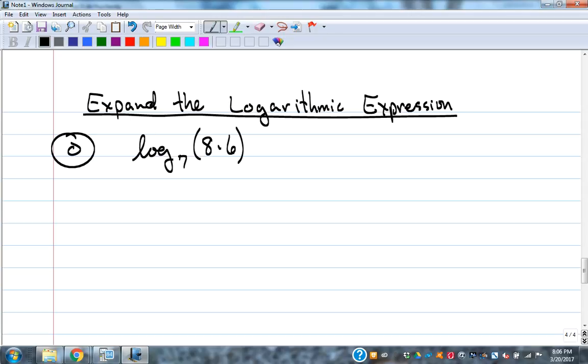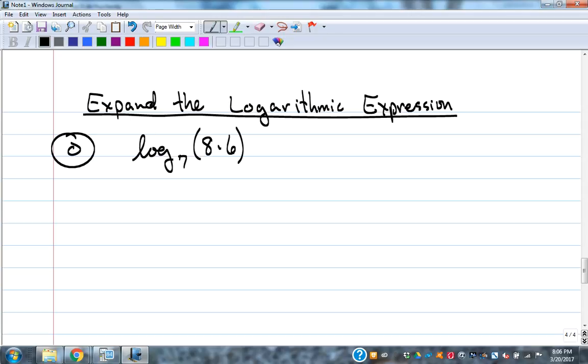What does a multiplication turn into with logs? Addition. Think about what I said at the beginning: logarithms are just exponents. What's the rule when you multiply things with the same base? What do you do with their exponents? You add. Logarithms are exponents, so when you're multiplying in a log, the rule is you can add.